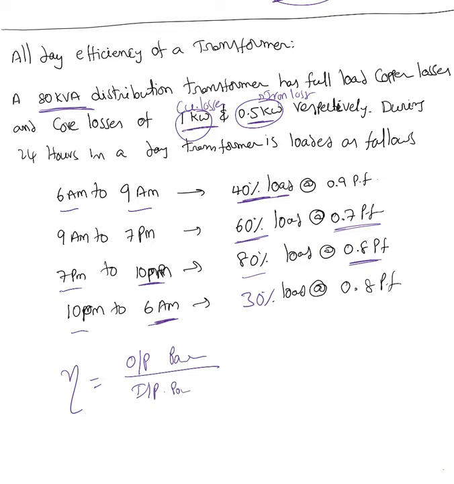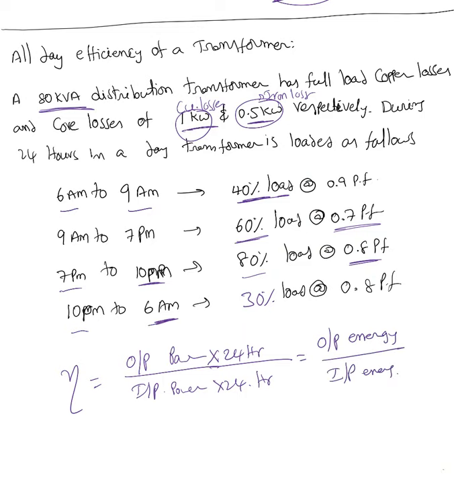Since it's all-day efficiency, can I say output power times 24 hours over input power times 24 hours? So this is output energy over input energy.